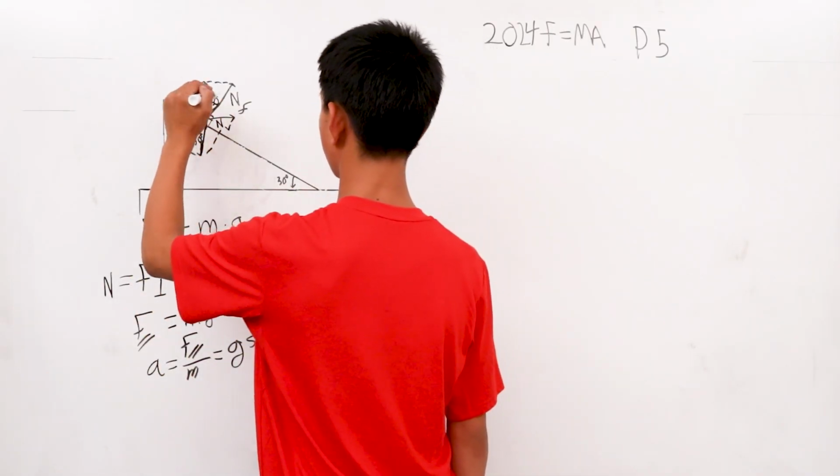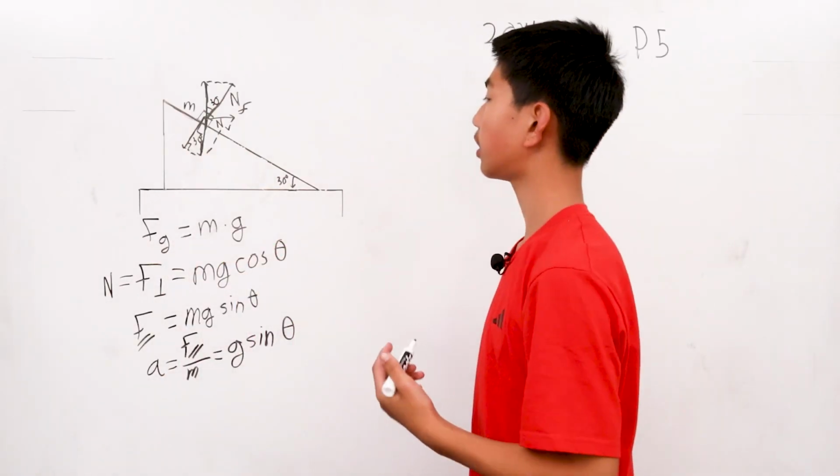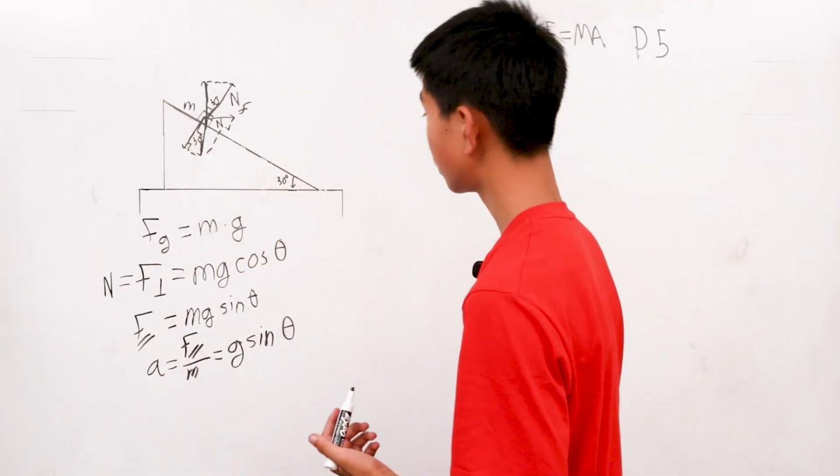This is 30 and that's 90. We can also apply trigonometric properties.